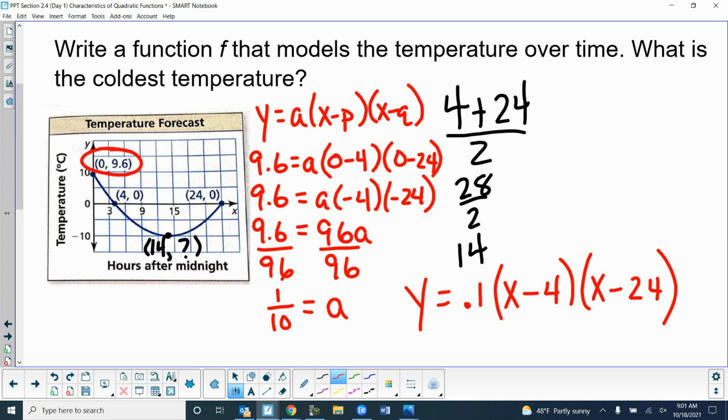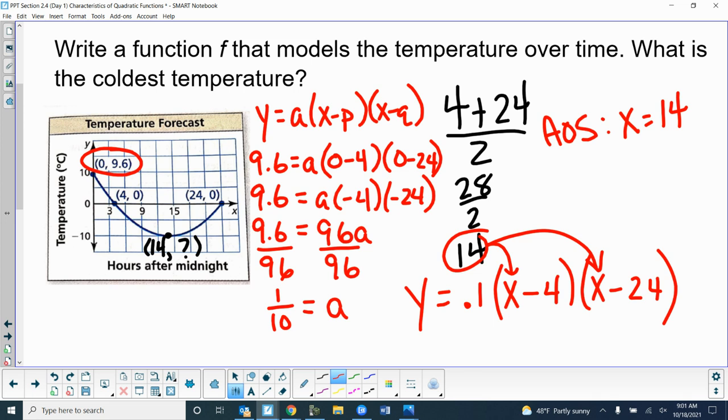Okay? Now we just said, what are we going to use for x? Because we found the axis of symmetry, right? By adding the two x-intercepts and dividing by 2. That's just cutting it in half, right? Because it's symmetrical. All right?